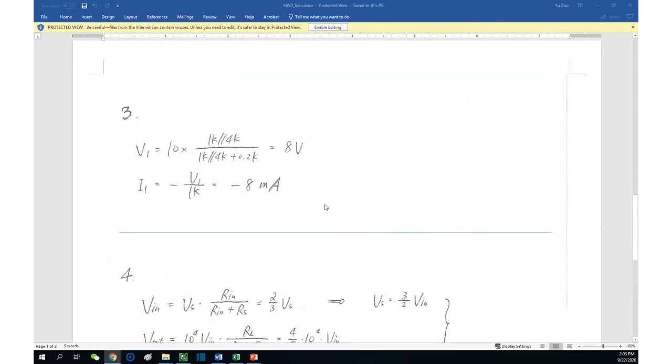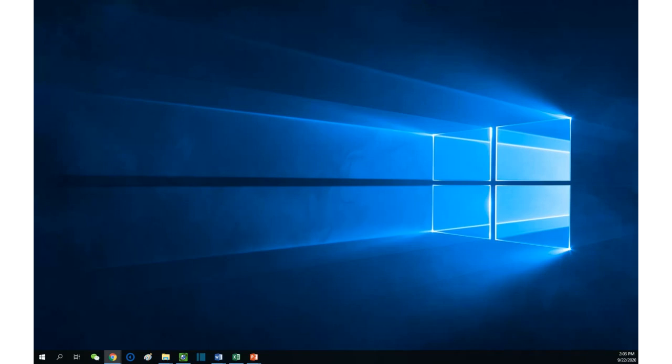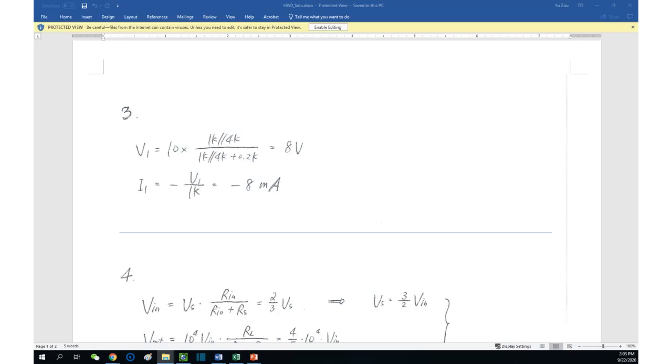Problem 3 is, in my opinion, the most important problem, and the concept needs to be very, very clear. Let me repeat the circuit here and talk about it a little bit.